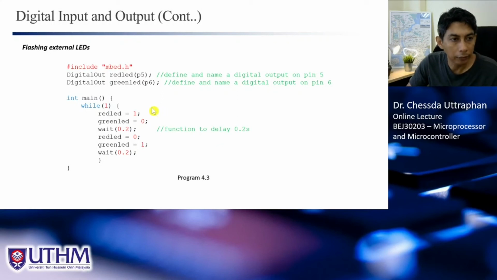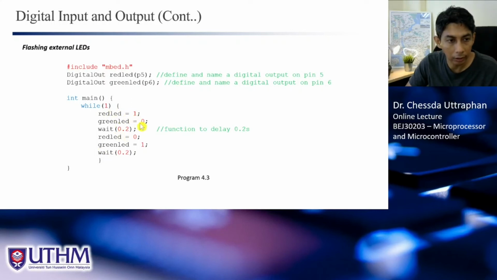So this is how we flash the external LED. Two LED now. We have green LED and red LED. So this is the same concept where now we have two output, yeah, P5 connected to the red LED, and the P6 connected to green LED, and this is the main loop, endless loop.